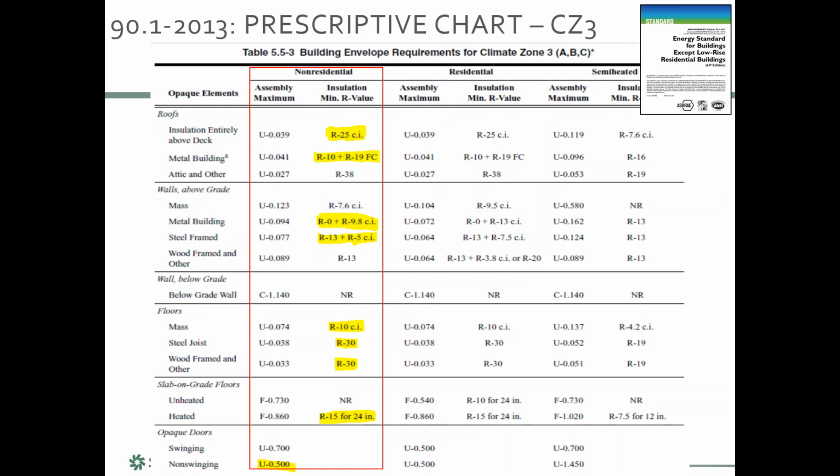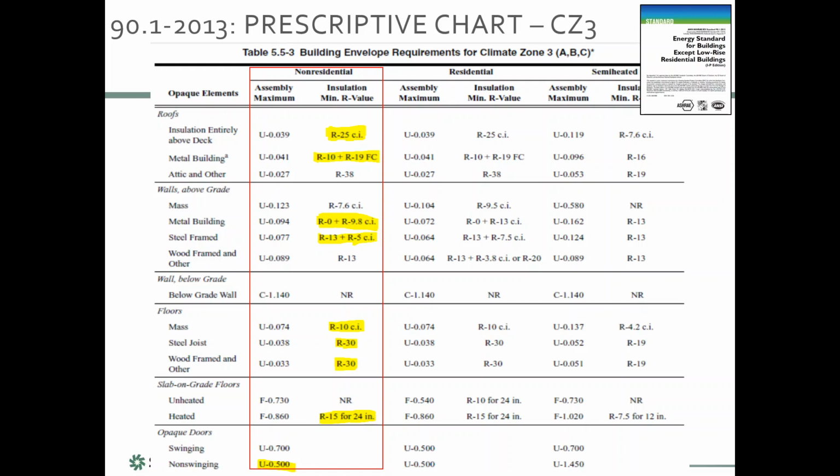For the metal buildings, this is the U-factor approach, and this is the R-value approach. Steel stud walls: R-13 in the cavity, R-5 continuous insulation. I'll just slide on down and say here's the rest of the stuff. No basement wall insulation requirement, and different R-values for how you do your floor.